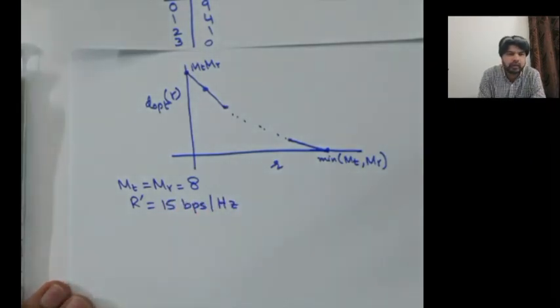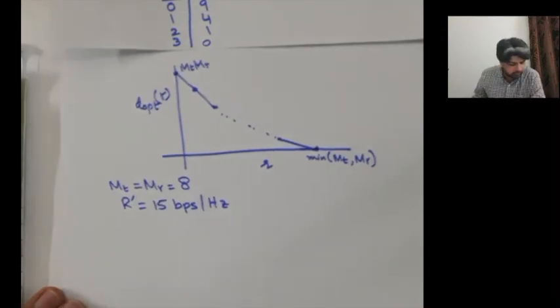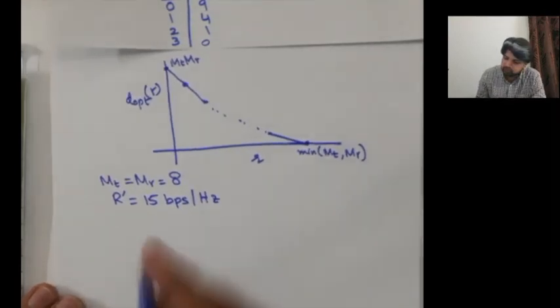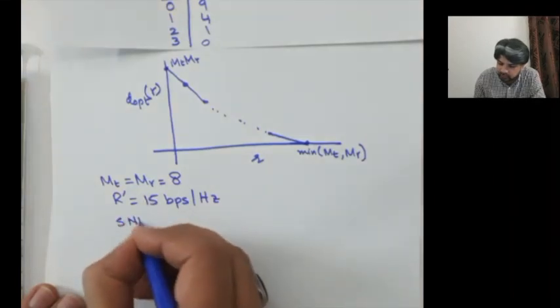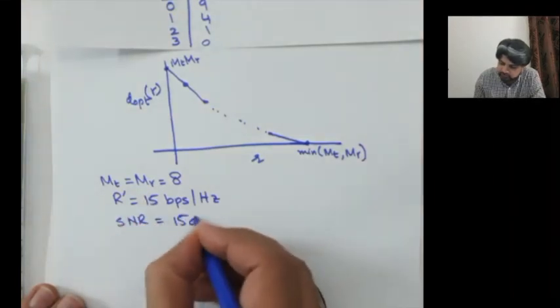That is typically, R prime is your application requirement. So depending on the application you are running, what is the data rate requirement for that particular application? So R prime is your application requirement, and the SNR on average is say 15 dBs.